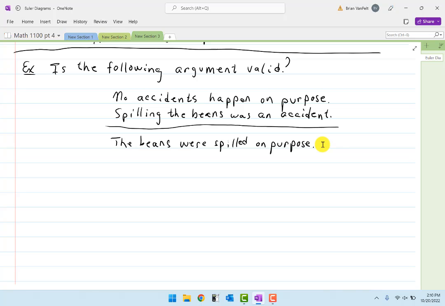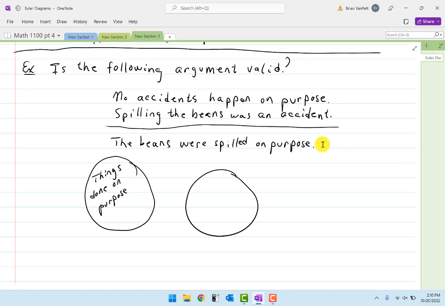Notice the first line is dealing with something called purpose, and the second one is accident. So we can think of this as two circles. Things done on purpose and accidents. Obviously, they're disjoint. This is part of why the logical reasoning is going to be difficult in this one. It's probably going to be invalid, because we have that going on.